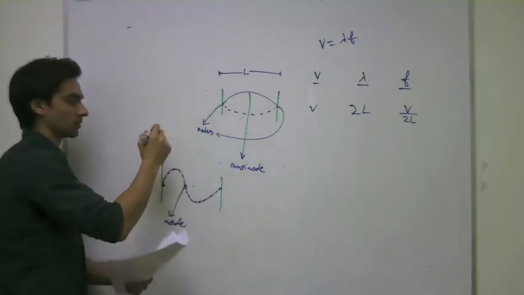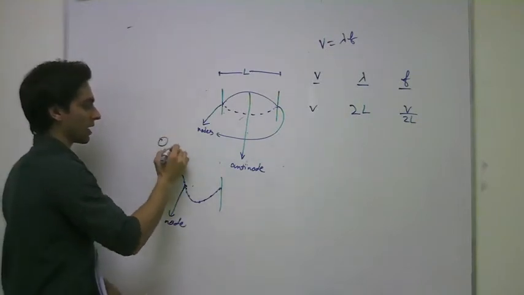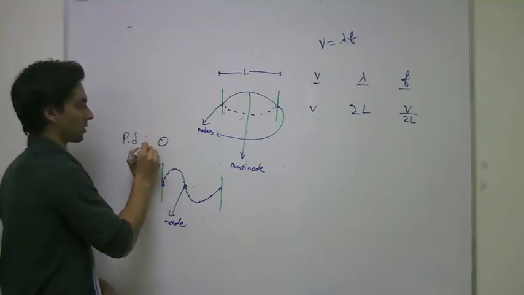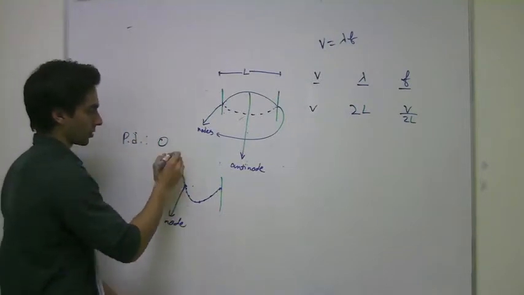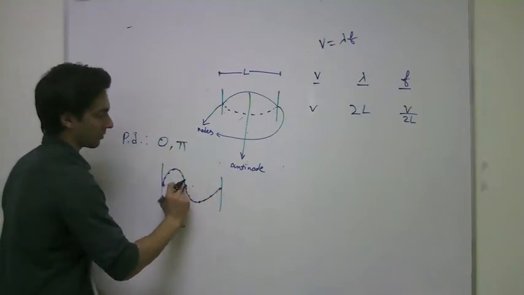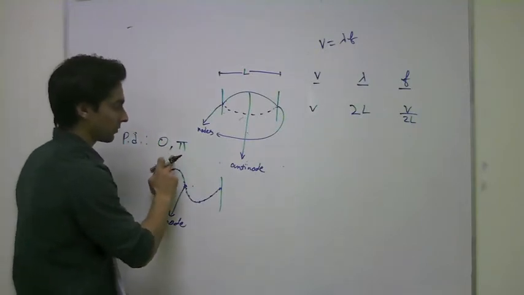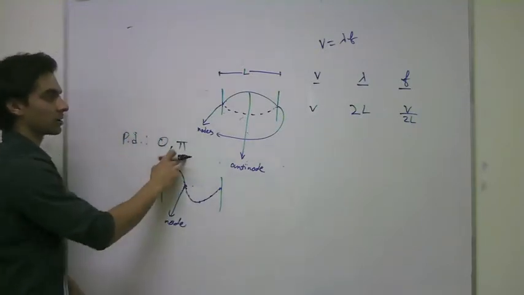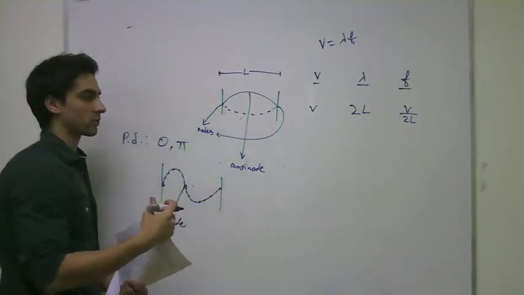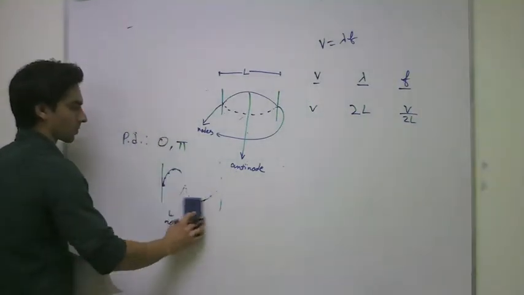So you can see that the points cannot have any kind of phase difference. They can either have a phase difference of 0. So phase difference can only either be 0, okay, or pi. So these have a phase difference of pi with these points. Okay, so this is one difference between a standing wave and a traveling wave. In a traveling wave, points can have a phase difference of anything between 0 and 2 pi.